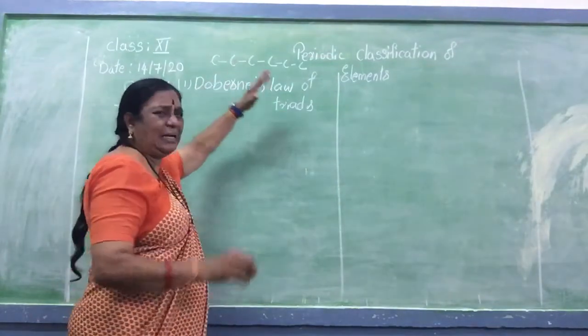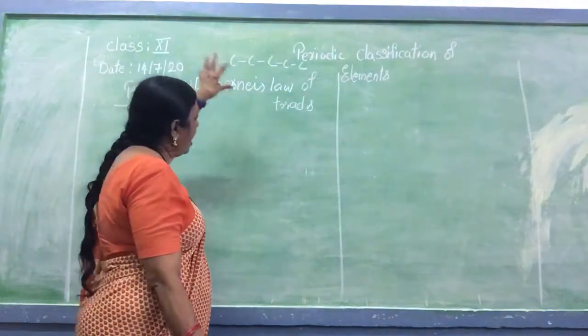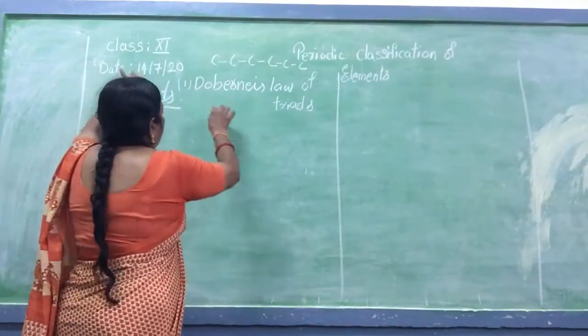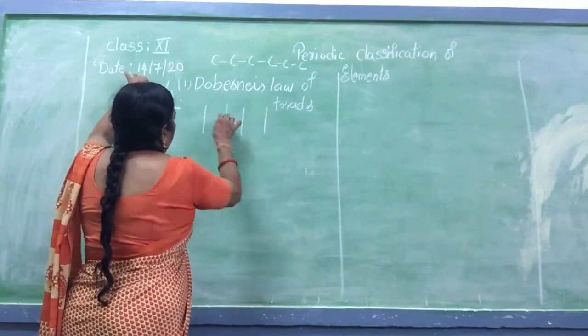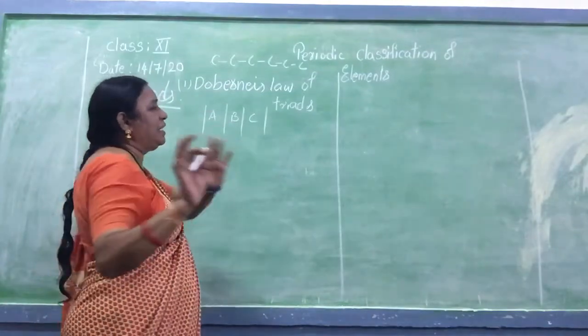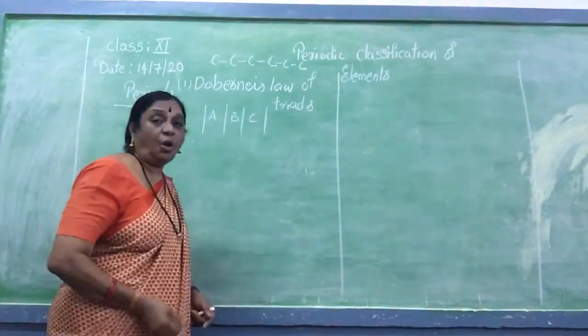At that time only 23 elements were known, and he classified the elements in groups of 3. Okay, in a group of 3. Now A, B, C for example. All the 23 elements he placed in groups of 3. And what is his law?